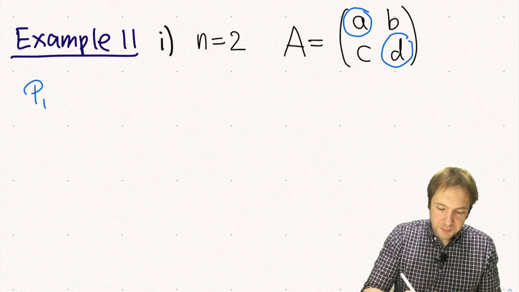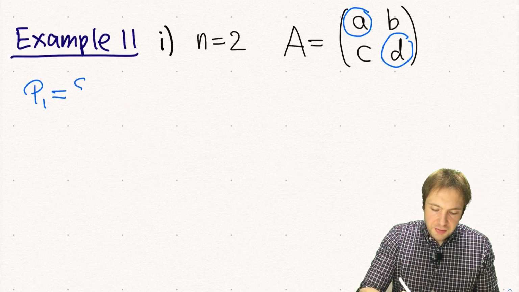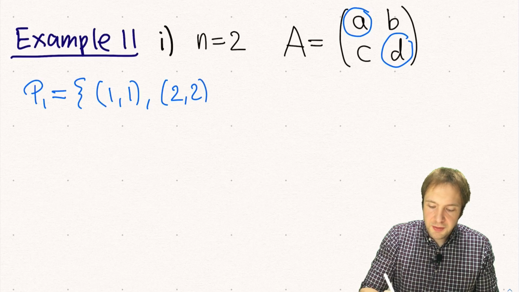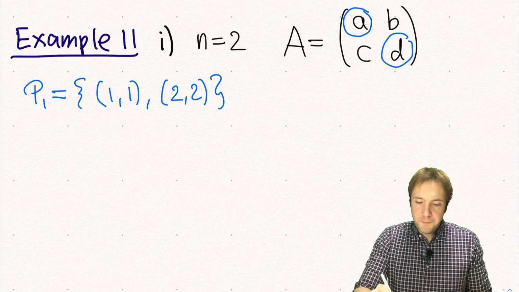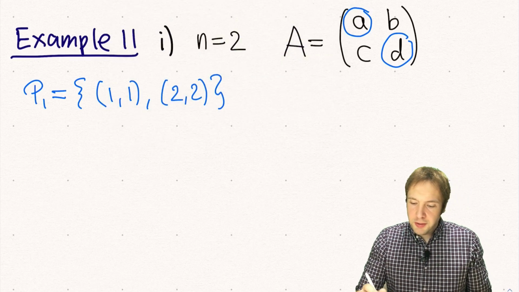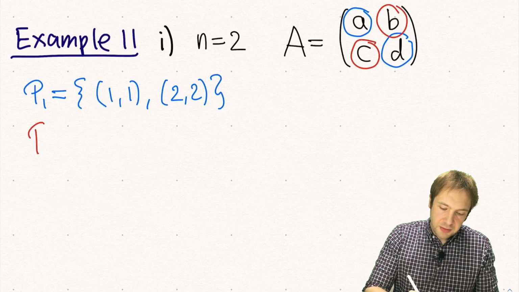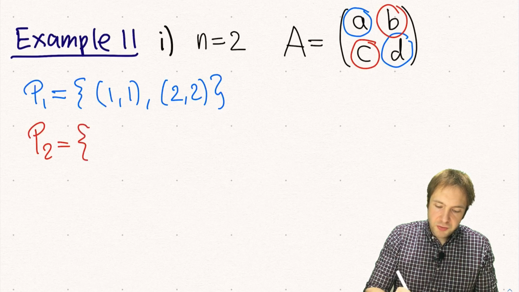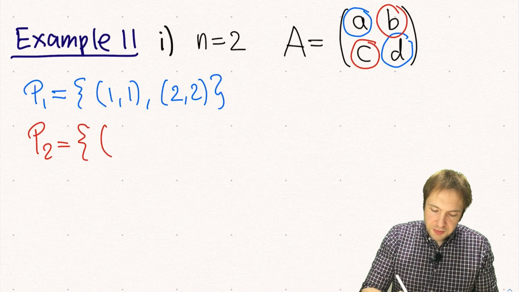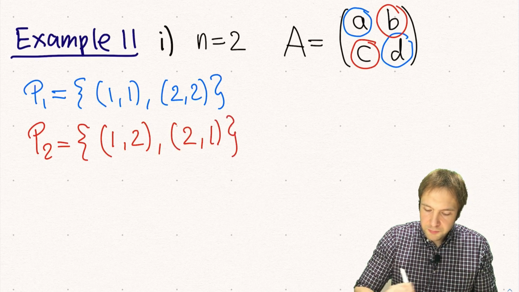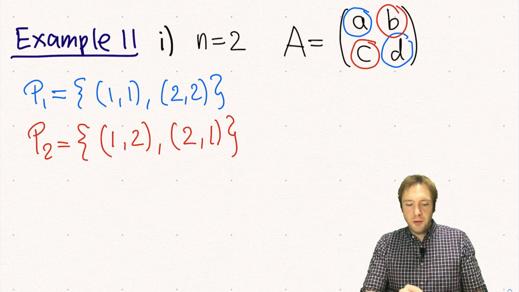So let's say pattern 1 is I choose the entry in the first row, first column, and in the second row and second column. And another way I can choose a pattern is this one and this. So pattern 2 would be I choose in the first row second column and in the second row first column. And these are all possible patterns.